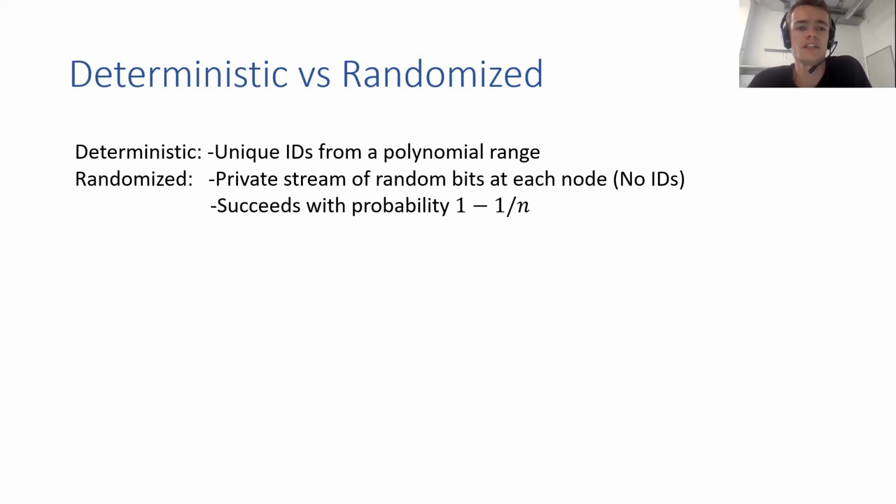In the randomized setting, we assume that each node is equipped with a private stream of random bits, and that the algorithm should succeed with probability at least 1 minus 1/n. Also, we assume that in the randomized setting, there are no IDs. However, this is without loss of generality because we can simply assume that each node uses its first order log n bits to determine its identifier, and these identifiers are unique with high probability.